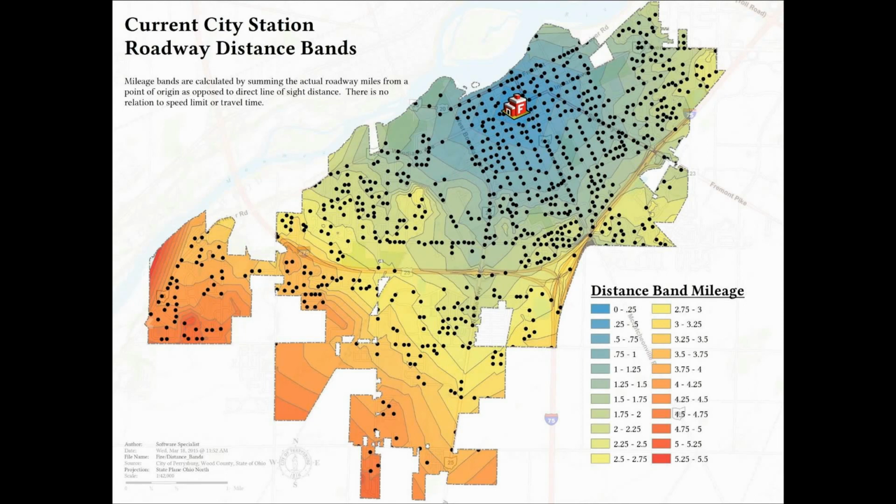using these distance bands. So we can create quarter-mile distance bands using network analysis. Basically just create these bands of a quarter mile along the road, and then we can spatially join each one of these points to a distance band.